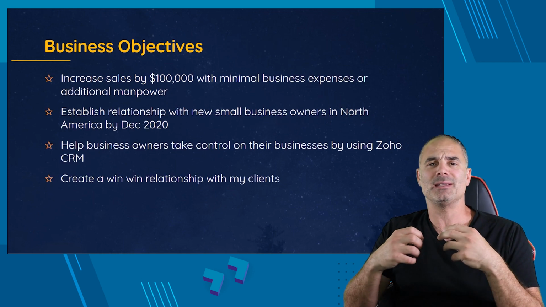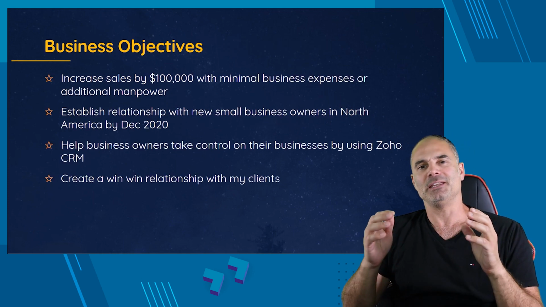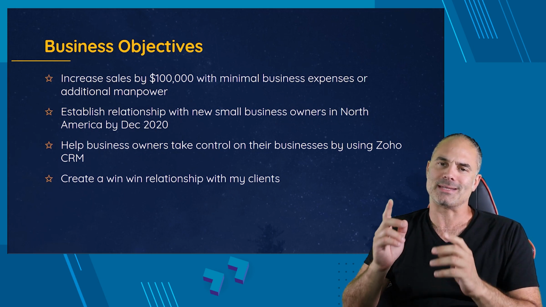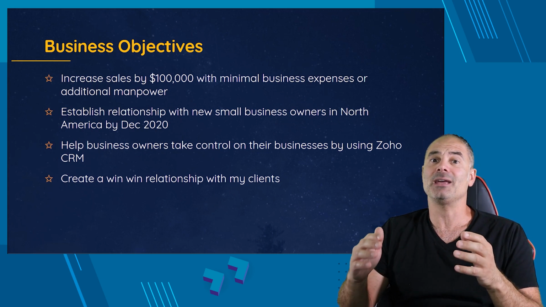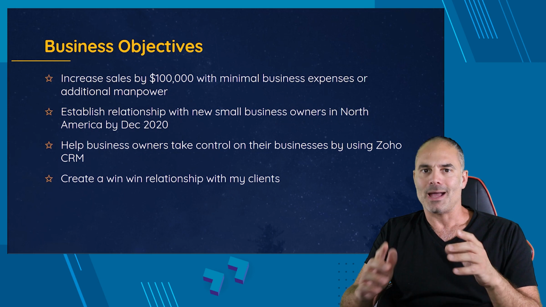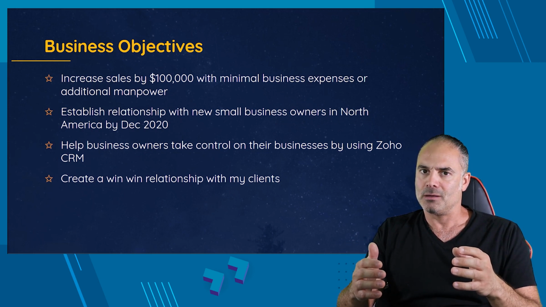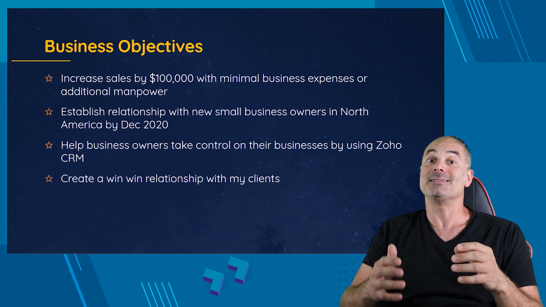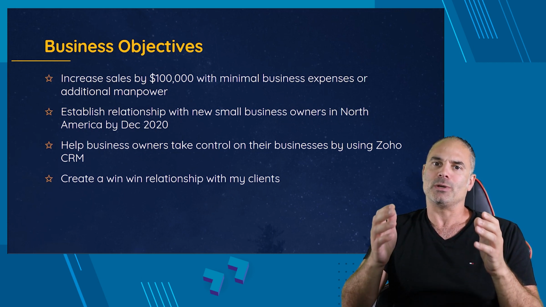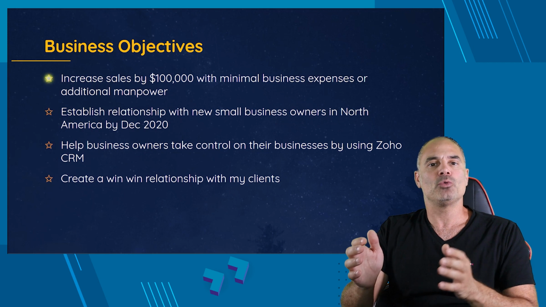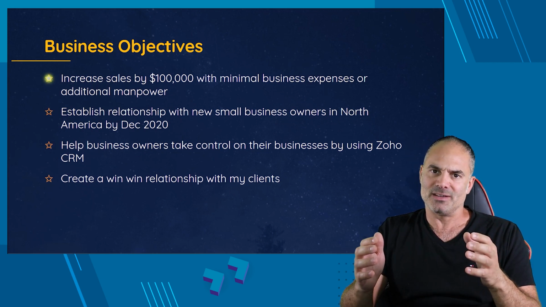Now, I personally do not believe in creating a marketing campaign for a single dip, which means getting money only once. I always try to see how I can get paid more than once, because the sales cycle is expensive. So in this case, I want to get the 100K, so that's a given.